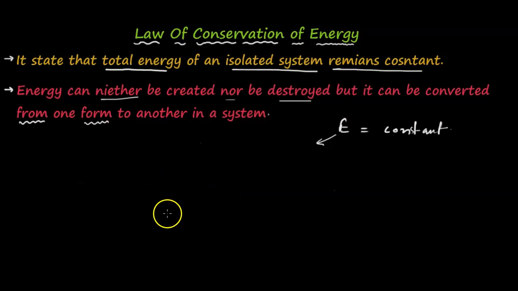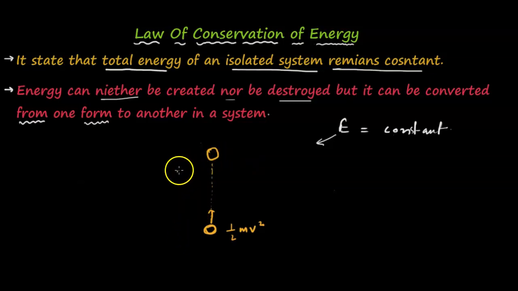Suppose I'm taking a small ball and throwing it with a certain velocity. It will have the maximum velocity at first, and the kinetic energy of the ball will be half mv square. The ball will start going up, and it will reach a certain point where it will stop and start moving backward.